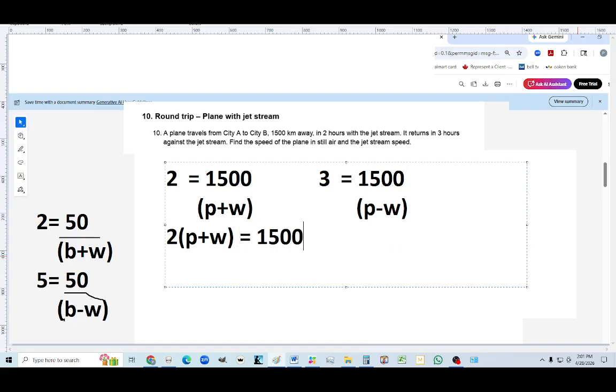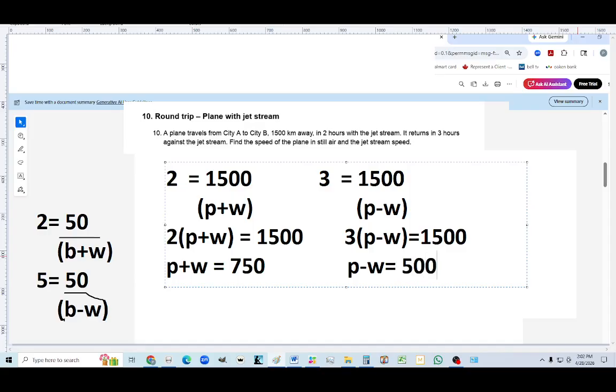Instead of distributing, just divide by 2. This one, we get rid of the denominator by multiplying by p minus w. We go to 1,500. Instead of distributing, just divide by 3. And we have our 2 equations.